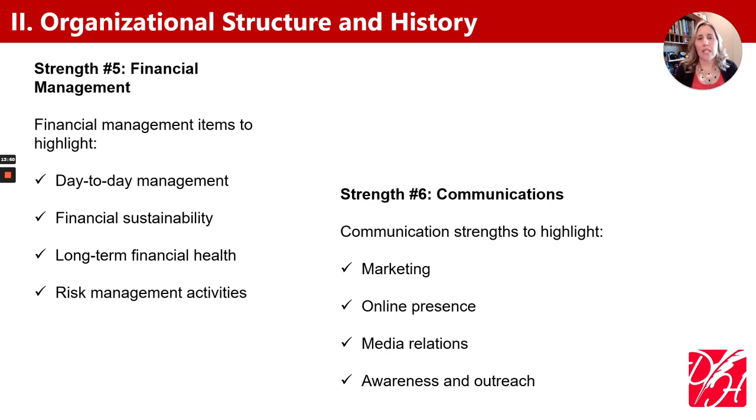Depending on the type of application you're going to put forward, maybe it's something about community awareness and outreach. Well, if you have a strong history and if you have strong current staff and board, maybe even a committee focused on communications, that would be something certainly worth highlighting in your organizational capacity section.